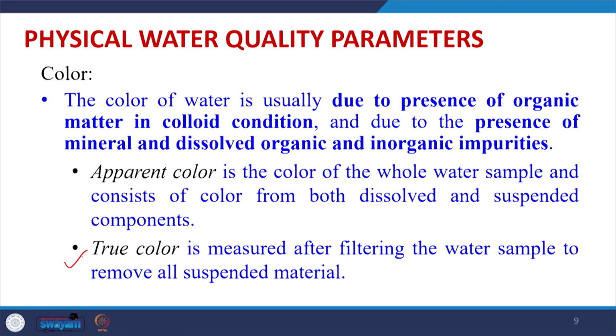After some time it is possible that the suspended components settle down, and the true color of the water will come out, because all those suspended materials are removed and settle to the bottom. So true color is measured after filtering the water sample to remove all the suspended material. That will give the true color of the water.